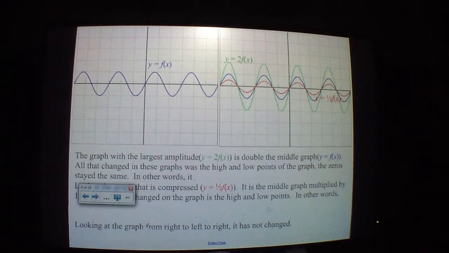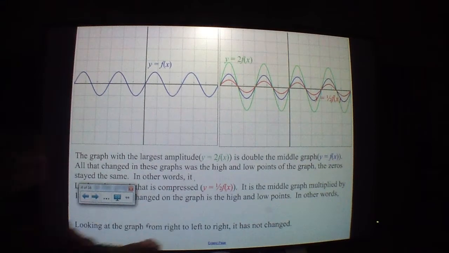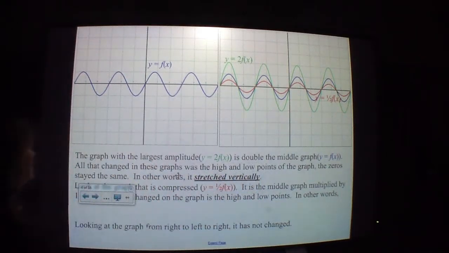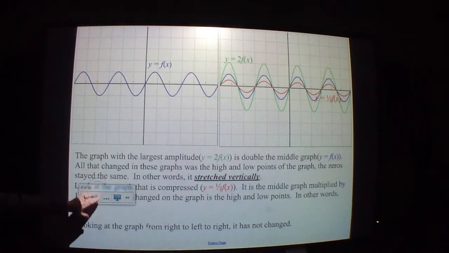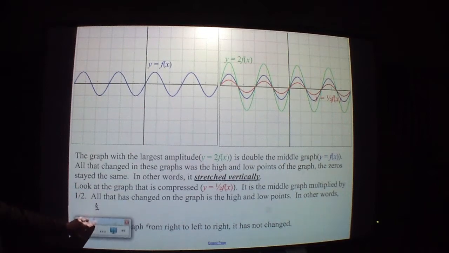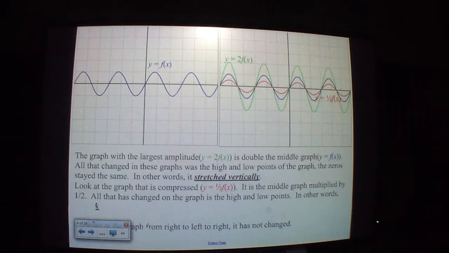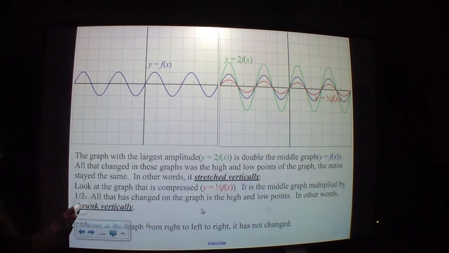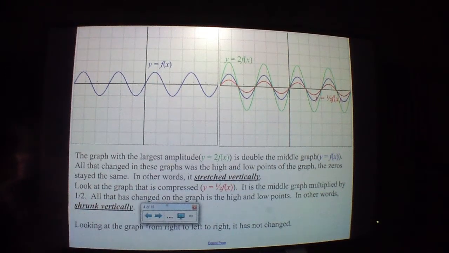The only thing it does is change the amplitude, the height. When it's greater than 1, it stretches it vertically. When it's between 0 and 1, it shrinks it vertically. But right and left does not change.